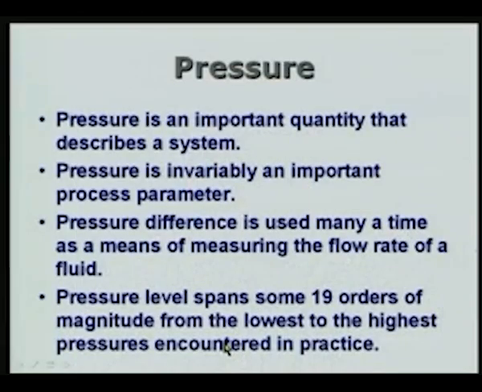So, very high pressures are also met with in practice. The pressure level spans some 19 orders of magnitude, as will become clear from the table which I am going to show in the next slide.